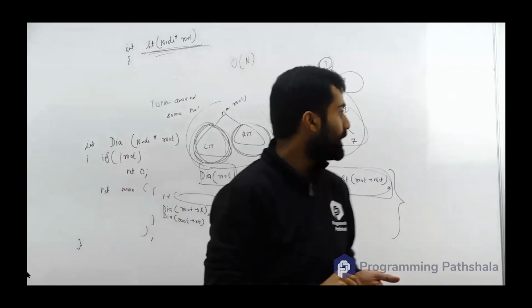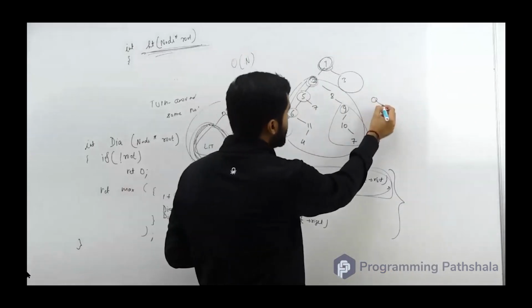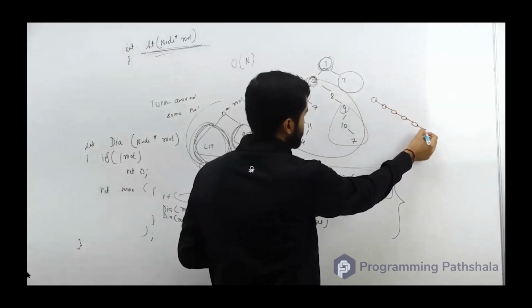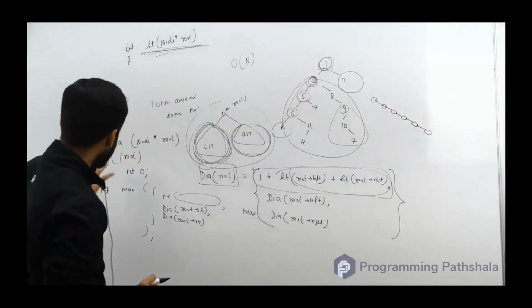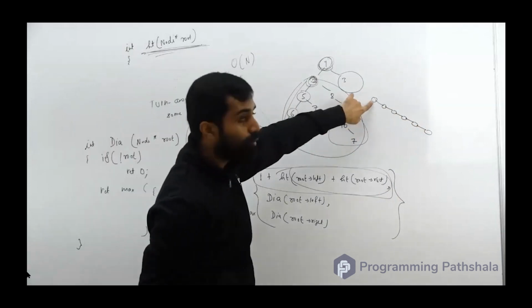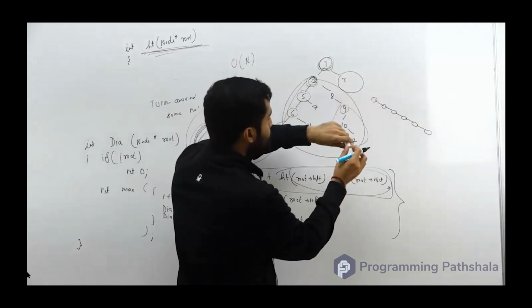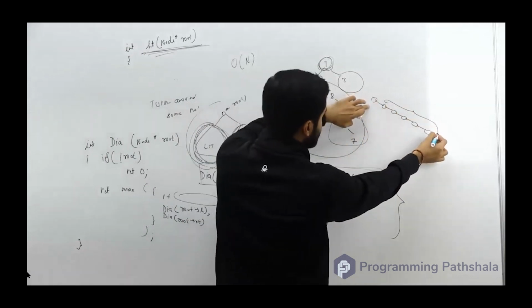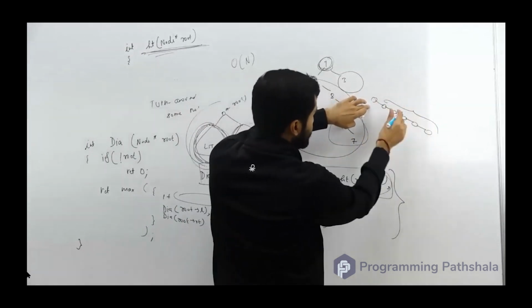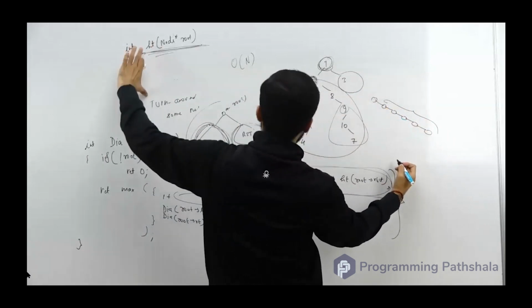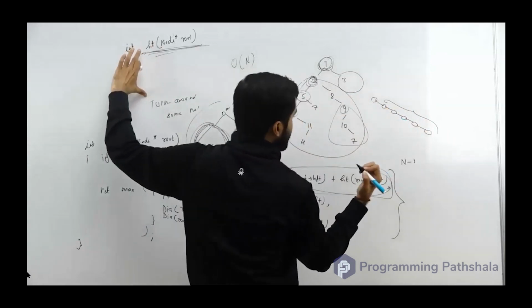So in the worst case, if you have a skewed tree as your input, then you will call your diameter function for this node. When you call your diameter function for this node, you will first try to find the height of this much part. If these are n-1 nodes, this will take n-1 time, right?